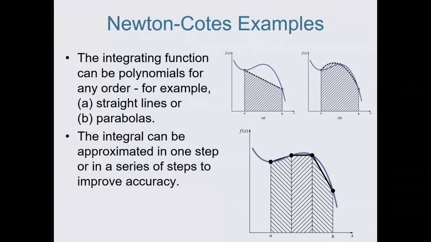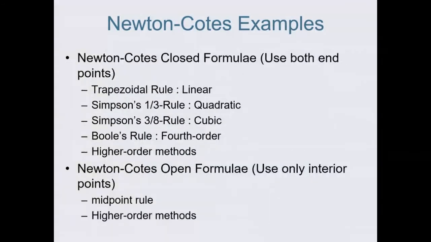The integrating function, of course, can be polynomial, or it could be just a straight line, which is a first order polynomial. And then we can take this integral either in one step, like we are doing it here, or we can take them in series of steps. We have two types of methods that are used.